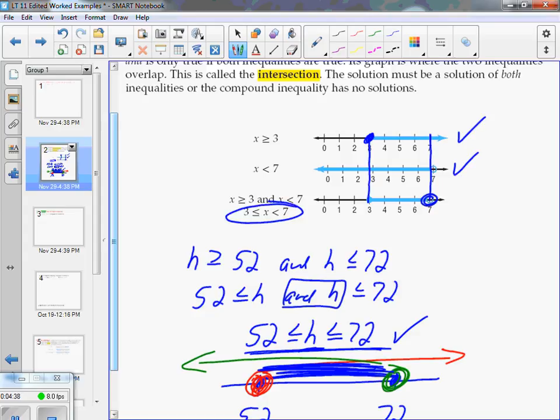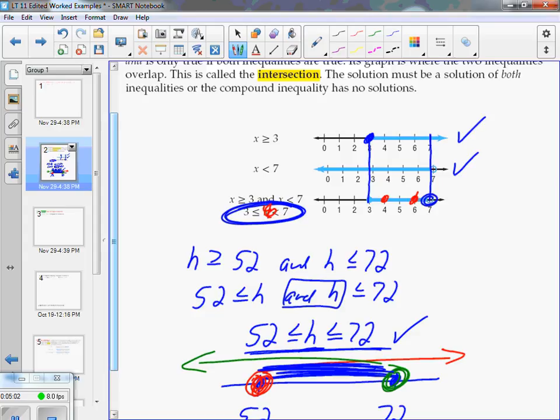That last thing I circled, that's the solution of that. Because it describes where the numbers are that make it true. Pick one out that's in here. Does 4 make that true? Is 3 less than or equal to 4? Yep. Is 4 less than 7? Yep. 6. Does 6 make it true?